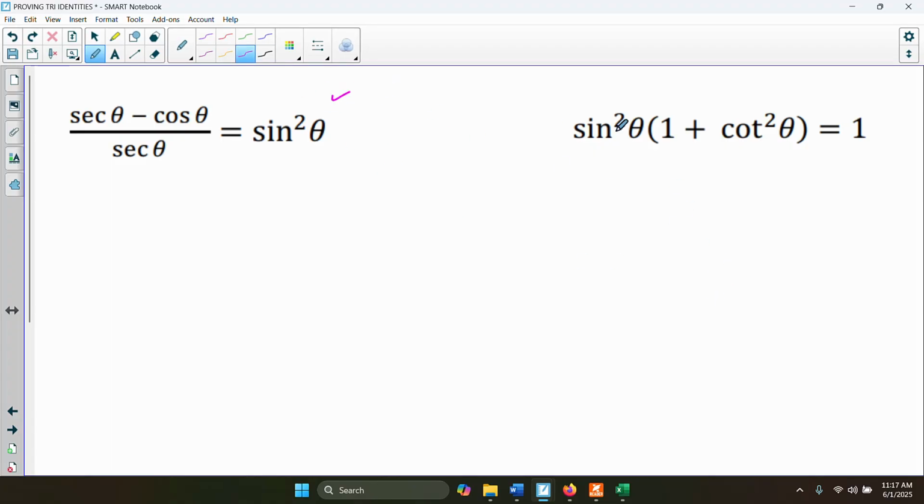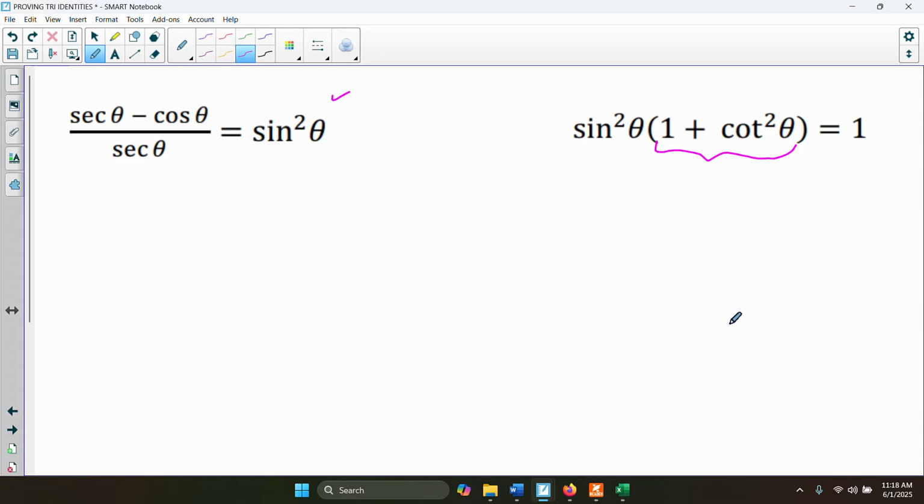Next one, over here. I love seeing sine squared or cotangent squared because we can do stuff with that, right? In this case, I could convert everything to sines and cosines. I already have the sine squared, so I could convert this to sines. But wait a second, right here, 1 plus cotangent squared.